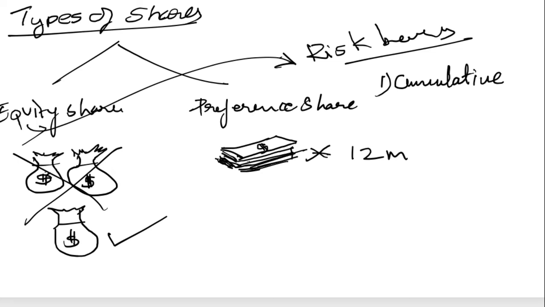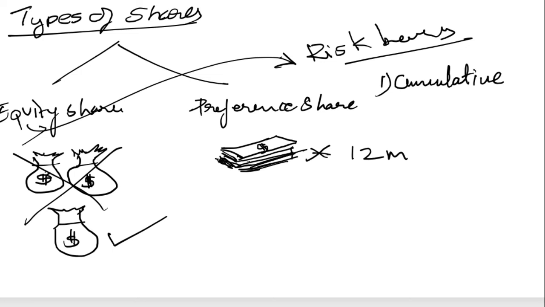So for cumulative preference shareholders, suppose the company is in loss in 2022. I'm a preference shareholder, so every year I would get a certain lump sum, a definite amount of money, cumulatively at the end of the year. But due to certain situations, the company was in loss and did not give any amount this year.